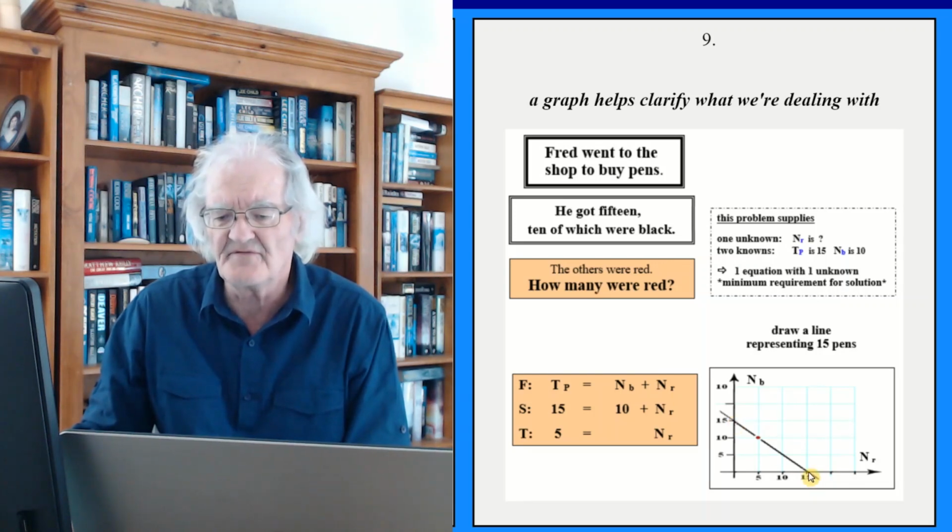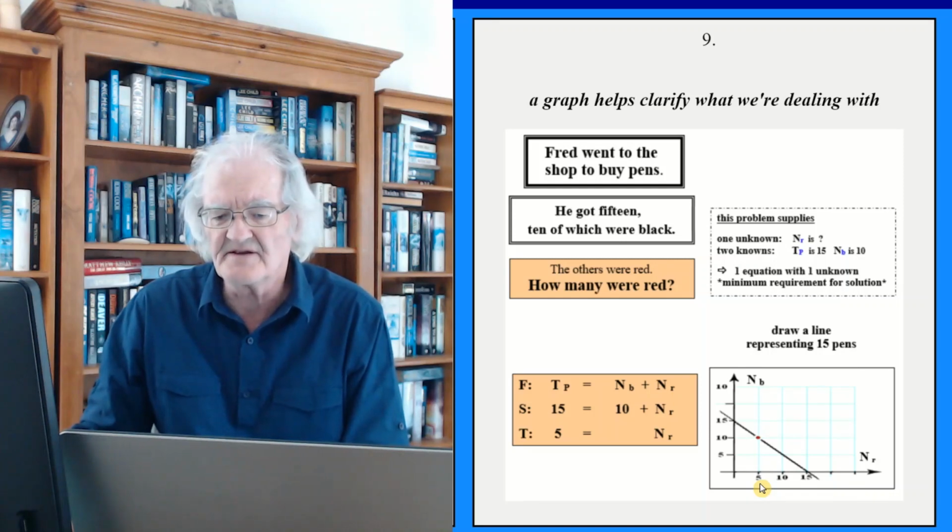This point, 15 red and 0 black. Each point in between represents a possibility generating 15. The required solution is the point that's consistent with information we have been given. We were told there were 10 black, so there must be 5 red.